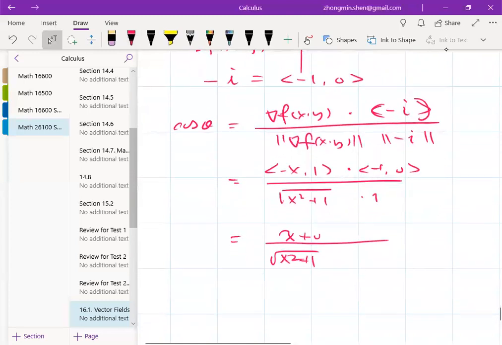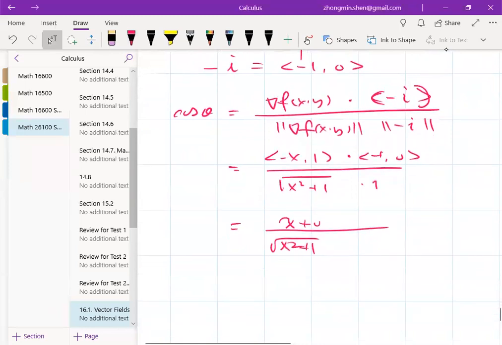So how do you see that? It's x over the square root of x squared plus 1. This clearly approaches 1 as x approaches positive infinity.